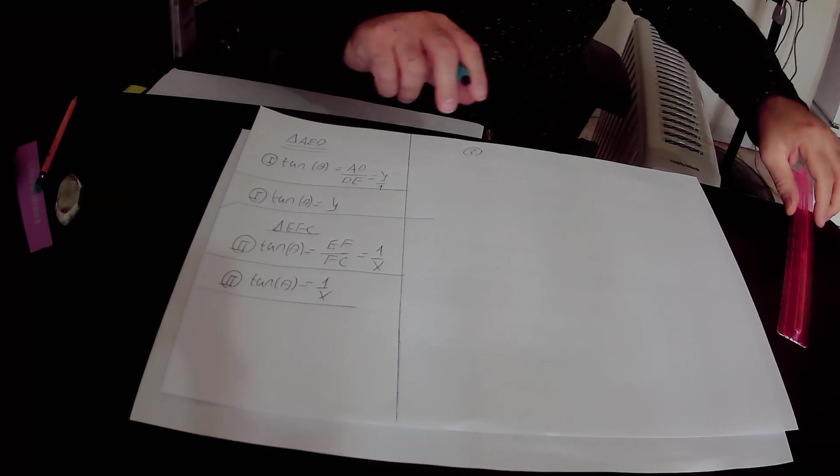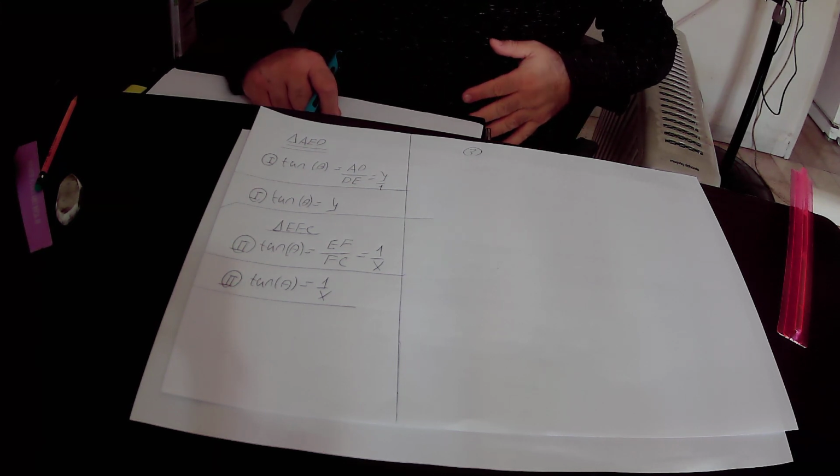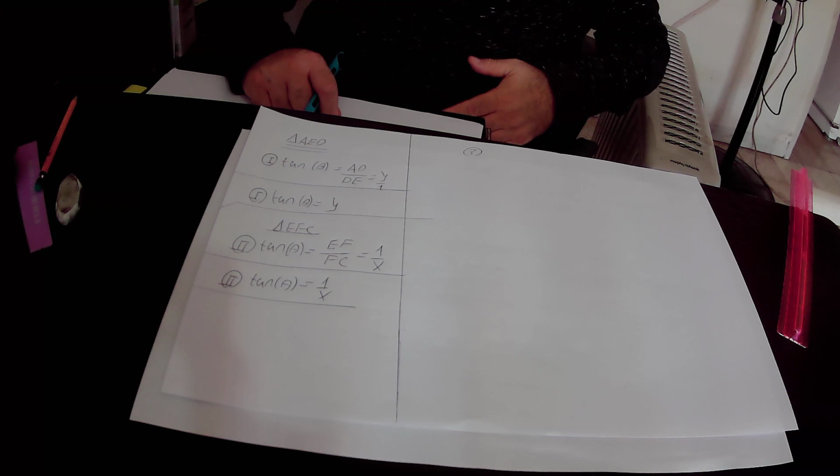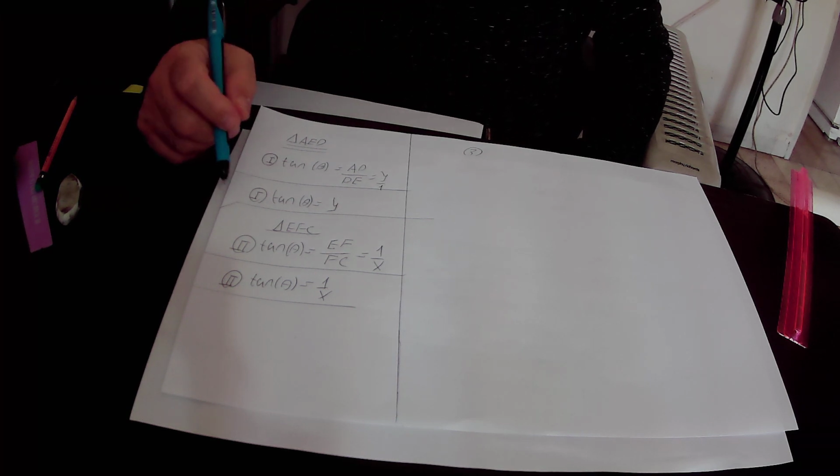And we have two different expressions for tangent theta. We will create equation number 3 that states that tangent theta according to equation number 1 must be equal to tangent theta according to equation number 2.